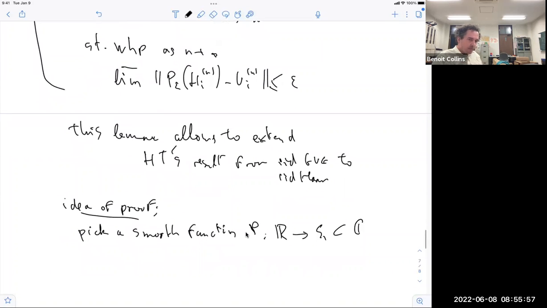which I would like to be increasing. So increasing doesn't really make sense, right? Because we land in S1. So I mean, the argument is increasing. Maybe if I wanted to be precise, I would like that for all t, p prime of t over i p of t is positive.